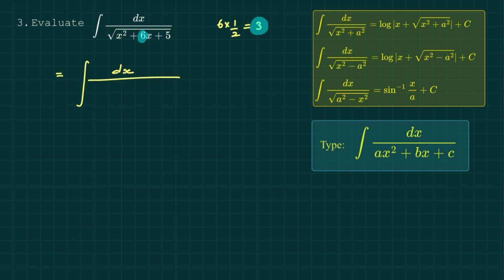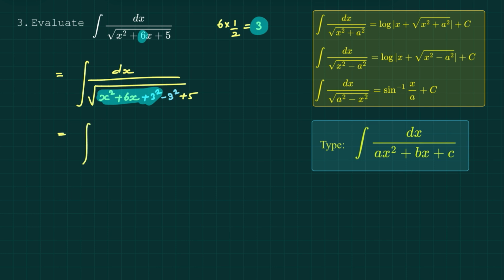integration of dx over square root of x square plus 6x is there, and after that let us add 3 square and subtract 3 square plus 5. Now these 3 terms can be written as x plus 3 whole square.